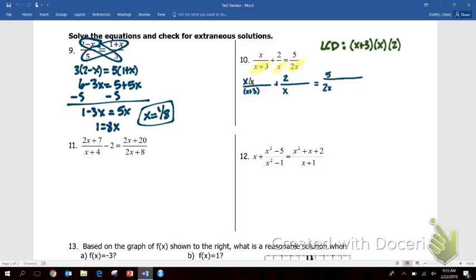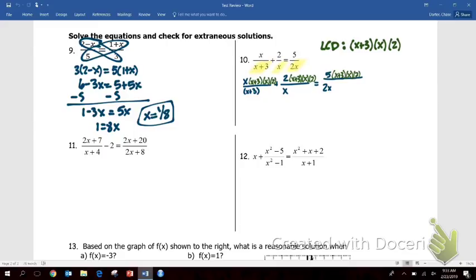So we're going to multiply it by x plus 3, x, and 2. x plus 3, x, and 2. x plus 3, x, and 2. So we multiply the entire equation by my LCD.